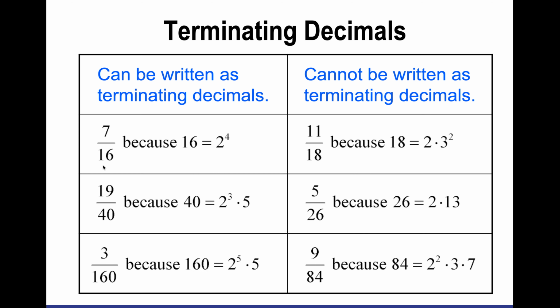So when I look at 16, I can write that as 2 to the 4th. 2 is the only prime number, we're good to go. 18, though, has 2 and 3 as factors, and it can't be written as a terminating decimal because it has 2 and 3. We're only allowed 2 and 5. Same thing here, 2 and 5, good to go. 2 and 13, nope, it's not going to be able to be written as a terminating decimal. So this is just a shortcut so you're not having to actually complete the division here.